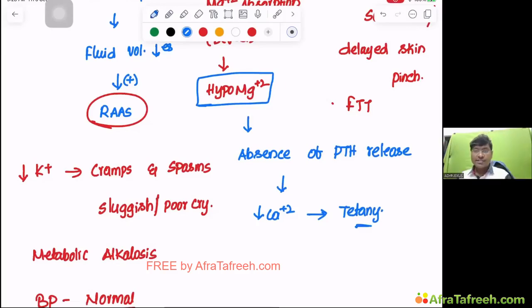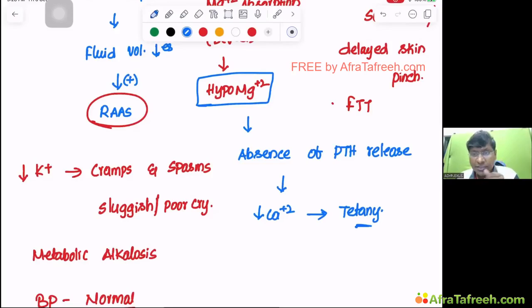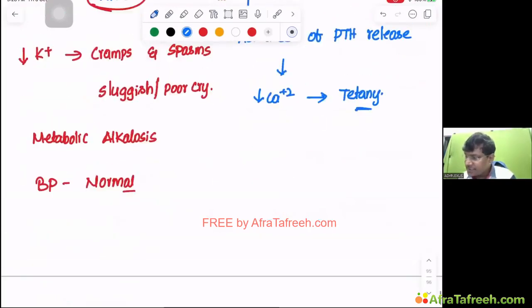So these are the features that you will have in the patients with Gitelman syndrome. And what are the other features? The presentation is usually in early or late childhood. The clinical presentation will be in the form of polyuria.